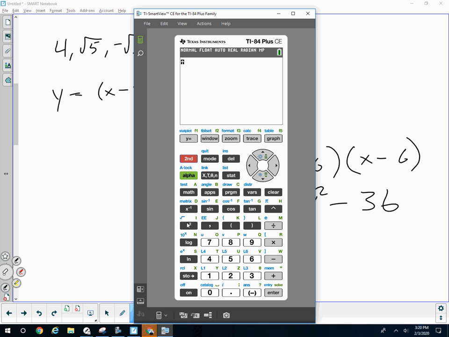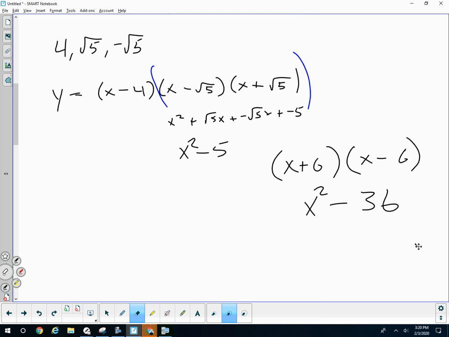Root is over the x squared. You got to go second and then x squared. Root 5 times negative root 5 is root 5 squared times the negative 1. It's root 25. However you do it, it's negative 5. You got that? Okay. You're not done yet. That's x squared minus 5.